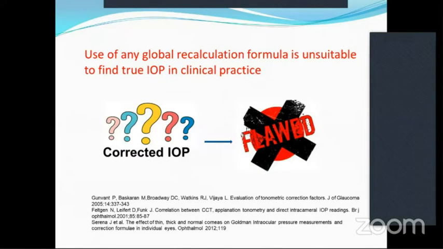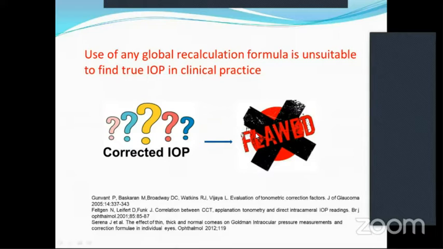But despite all this, the present consensus is that there is a positive correlation between CCT and IOP, and use of any global recalculation formula is unsuitable to find true IOP in clinical practice. So there is no point in taking corrected IOPs into account, as this is totally flawed.